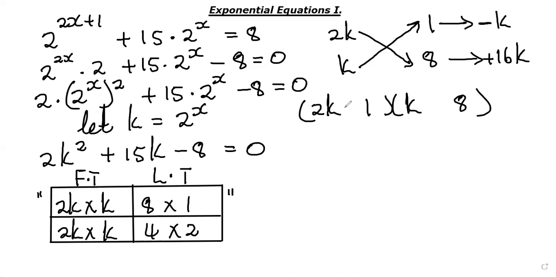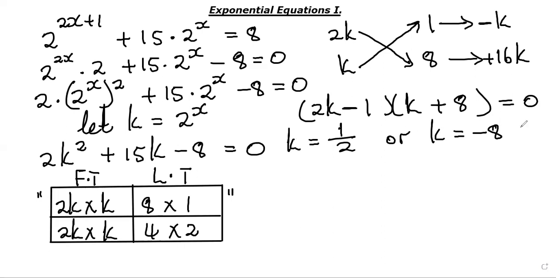So it means the first factor will be negative. The second factor will be positive. From this point, you say this is equal to 0. Then you apply your zero factor law, meaning you say 2k minus 1 equals 0. Then you divide both sides by 2. Then you realize your k will be half for this one. And for this one, your k will be negative 8.